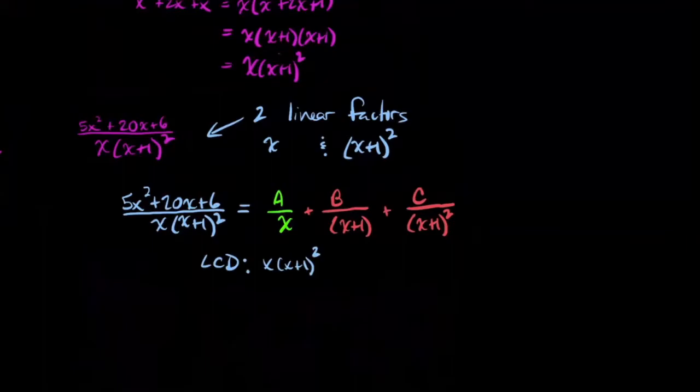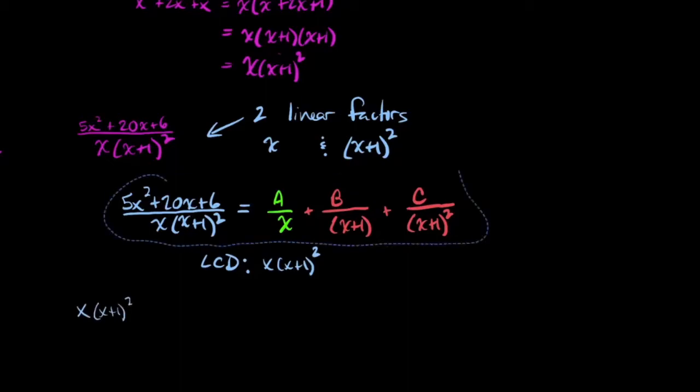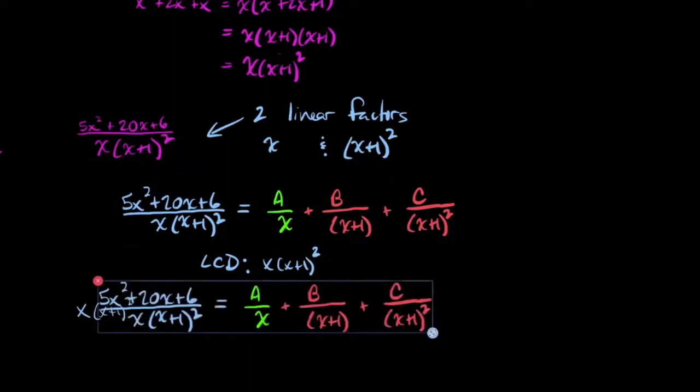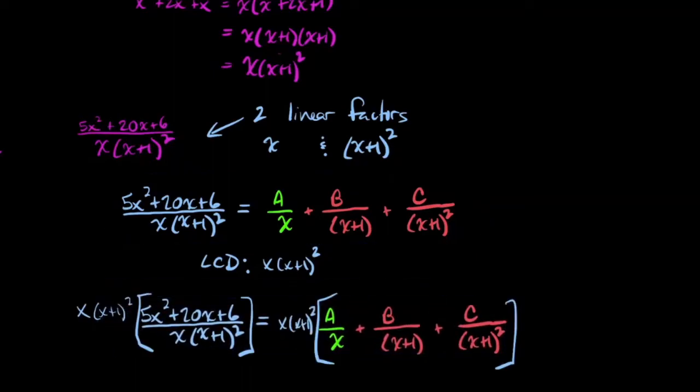So let's multiply both sides by the least common denominator, x times x plus 1 squared times the left-hand side, and then also times the right-hand side. All right, so we can cancel on the left. On the right, we have to distribute to each of those three terms.